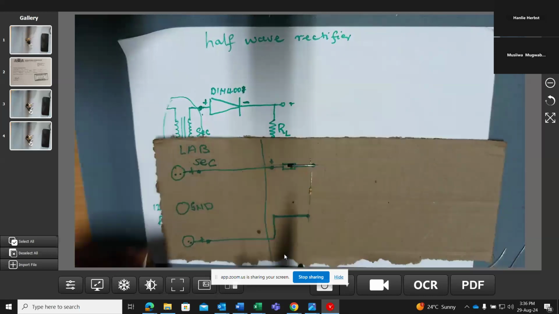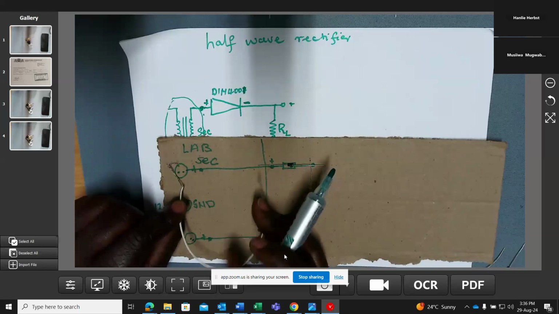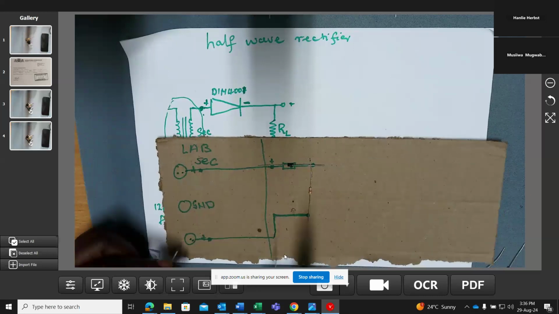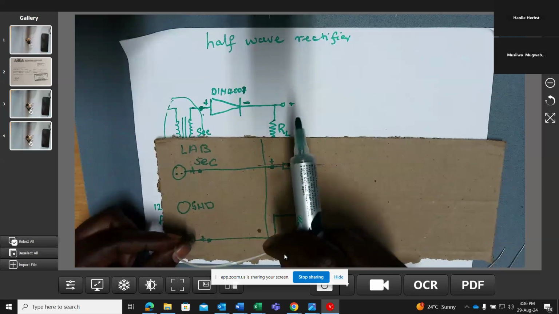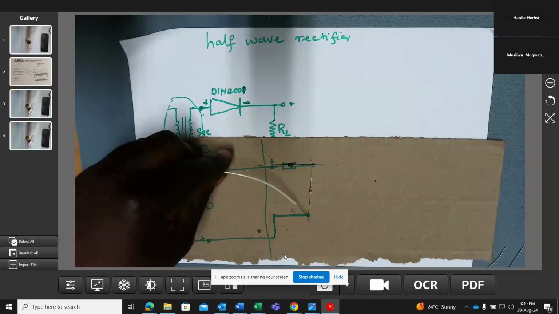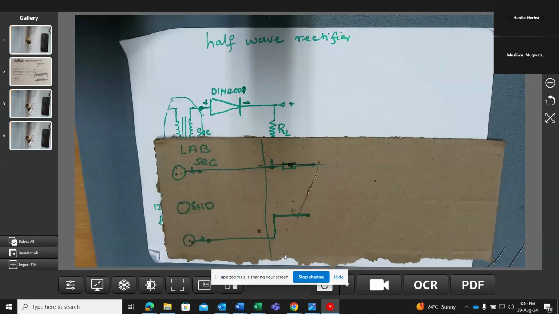If I connect a wire from here up to there, it simply means that now I am conducting current. Then also here, I connect a wire from here up to there. I hope you'll be able to see. Also, it simply means that I am conducting from here up to there.